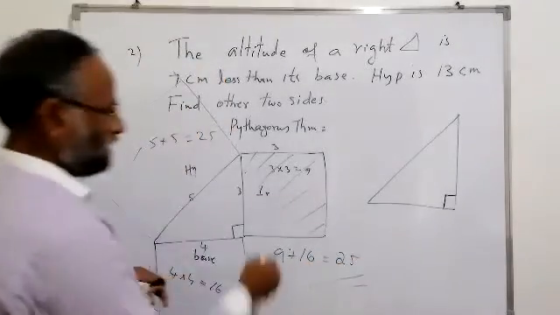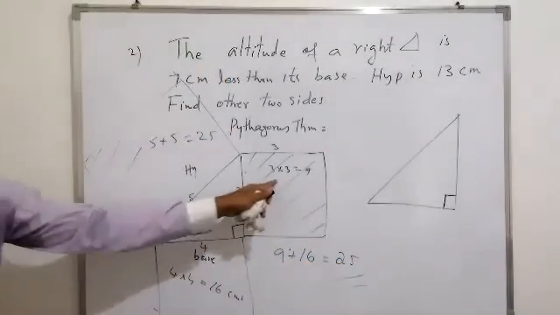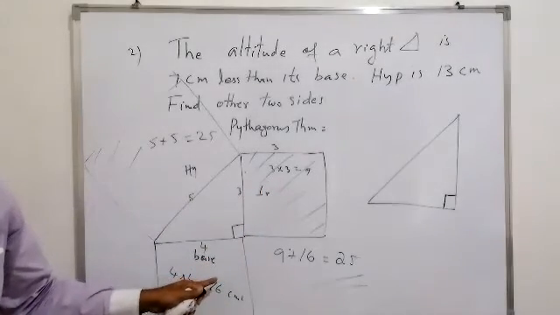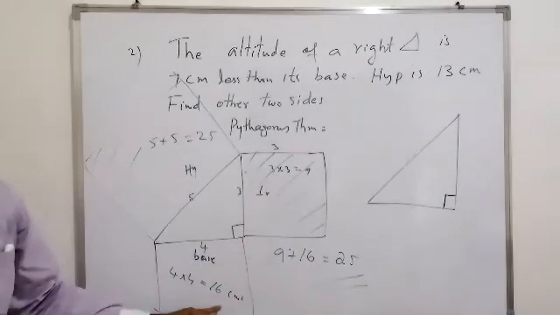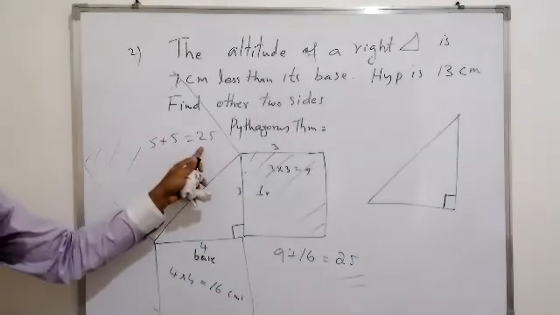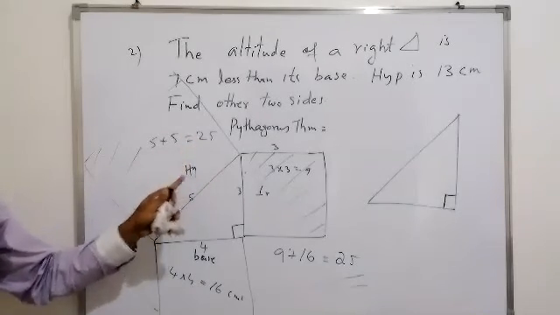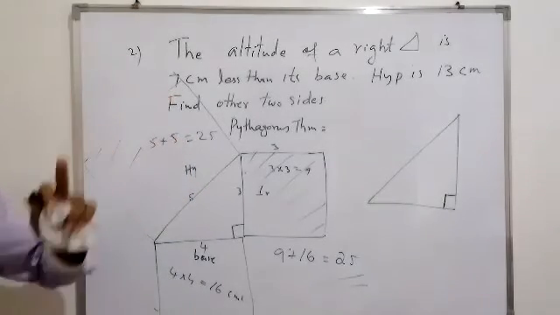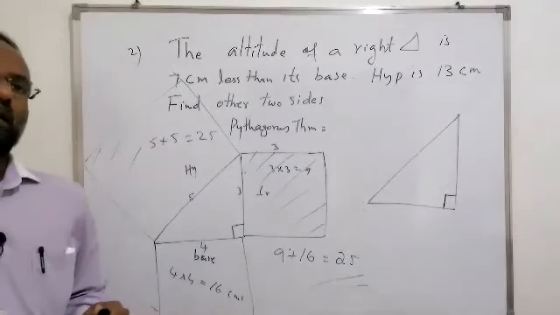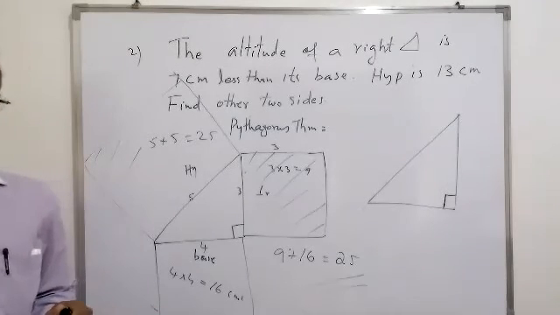Square of the perpendicular plus square of the base, that means 9 plus 16, exactly 25.